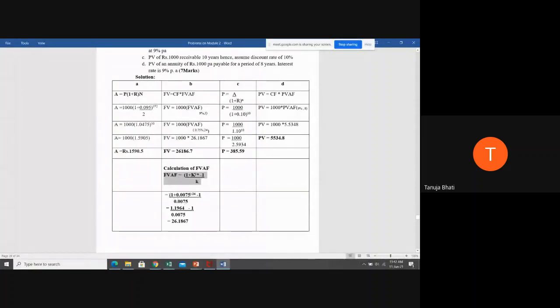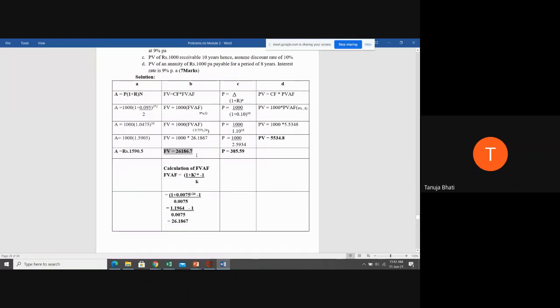When you solve this equation, you get the future value annuity factor as 26.1867. Now I'm substituting the working note answer in the main answer, 26.1867 into 1000. So you get your future value as 26,186.7.